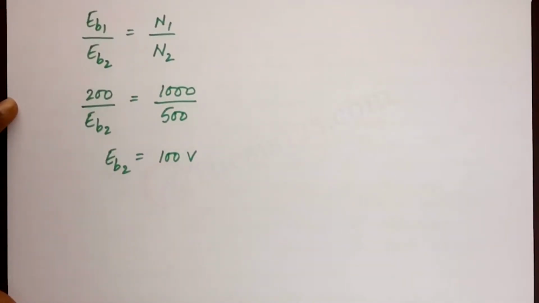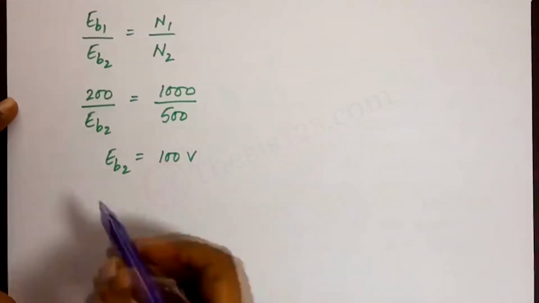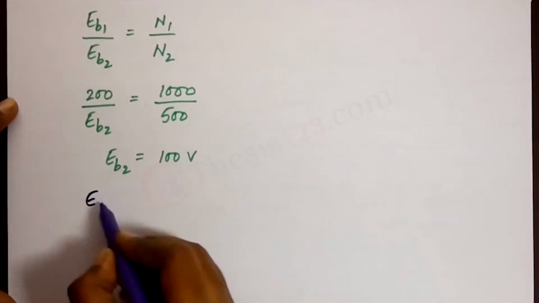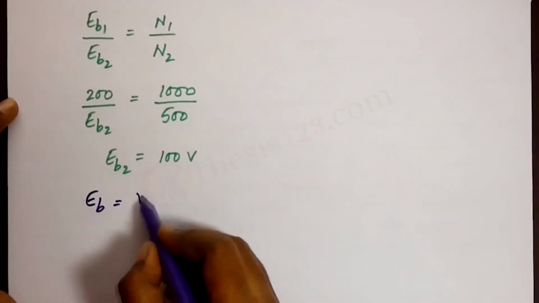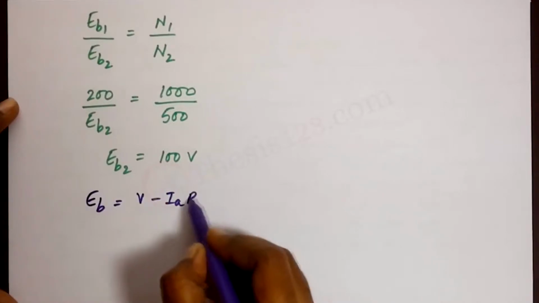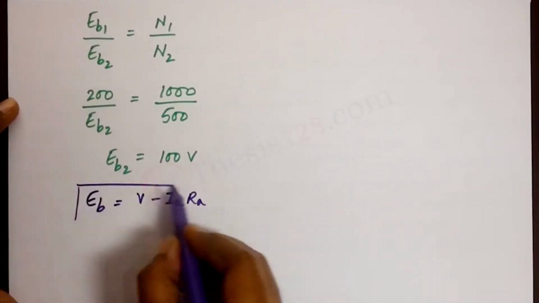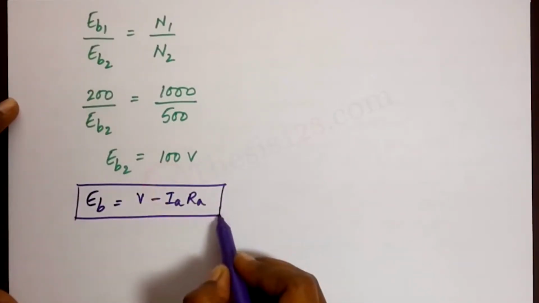Now we also have another relation in a DC motor which relates the back EMF, the voltage, the armature current and the armature resistance. I'm sure you're familiar with this. EB is equal to V minus IA RA. This is our EMF equation.